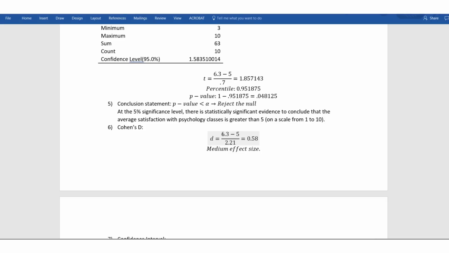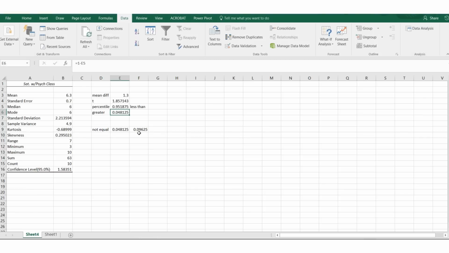Here you can do this in Excel if you want to. So if you want to find D, you do equals, and then your mean difference, which we already have, divided by the standard deviation, not the standard error.